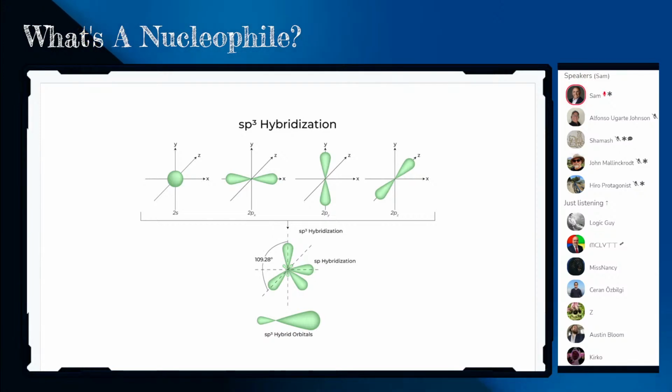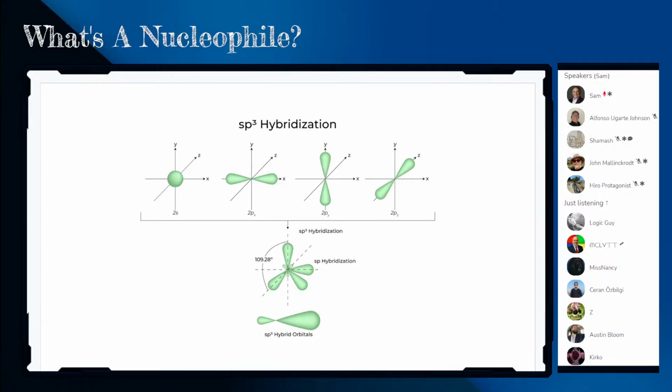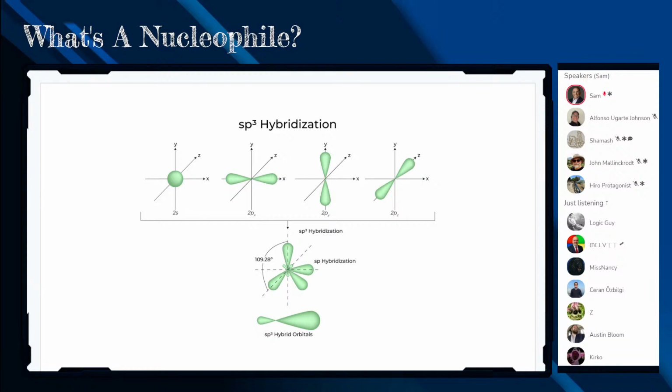Liking something in Greek is phile, like Philadelphia. Positive charge is nucleo. That's where nucleus comes from. So nucleophile is something that behaves like molecule 1. It has a partial negative charge that gets attracted to the partial positive of another molecule.